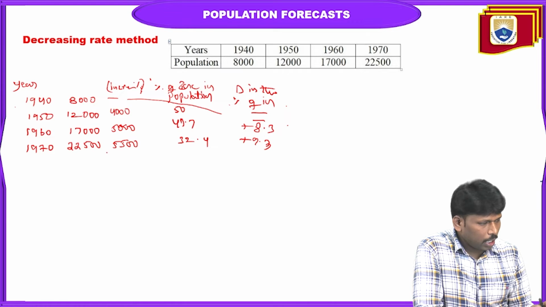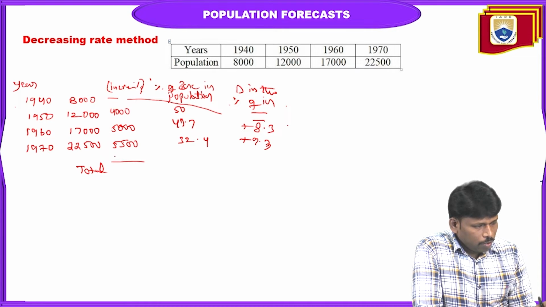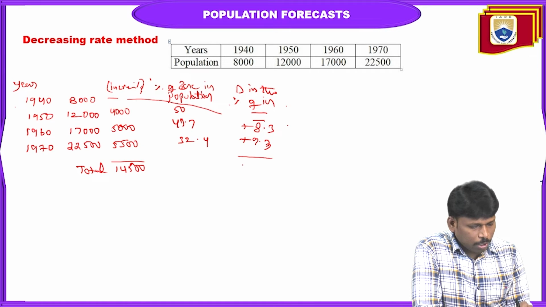This total in case of increment is equal to 14,500, and in the case of decreasing, the total is equal to 17.6.